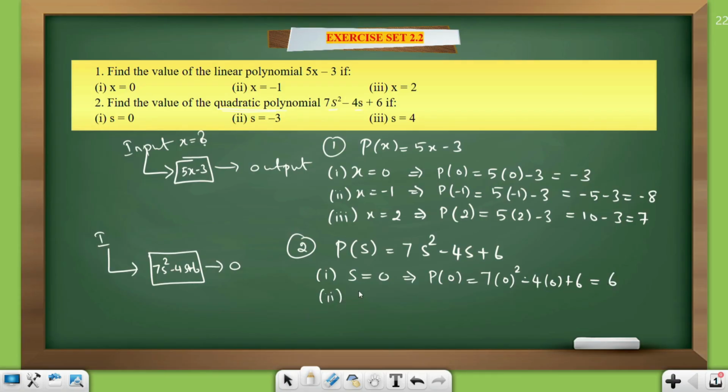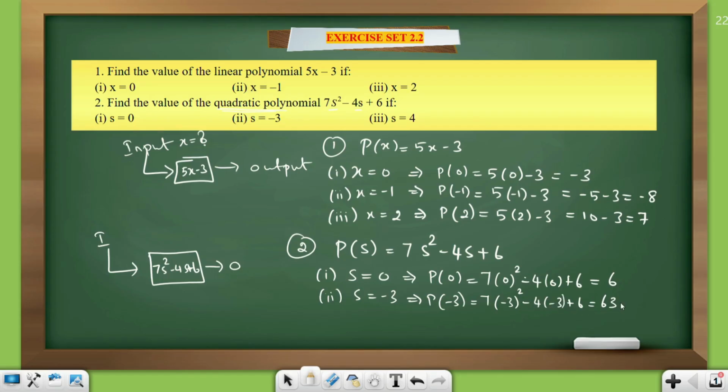For the second one, s equals minus 3, which implies p of minus 3. We replace s with minus 3. So 7 times minus 3 the whole square, minus 4 times minus 3, plus 6. Minus 3 the whole square is plus 9, and 7 nines are 63.